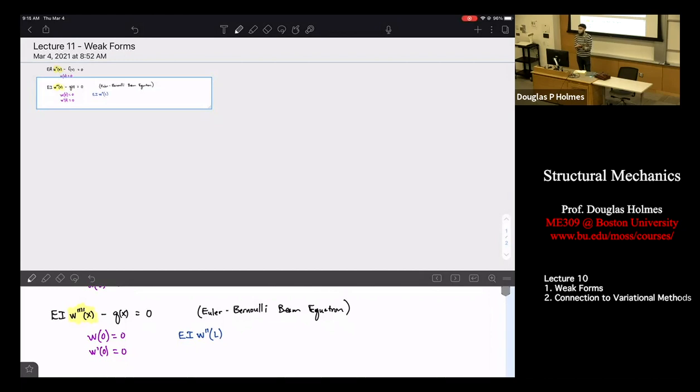Can anyone check what they did last? I know that it was something like EI third derivative and EI second derivative. I can't remember if there's a Q. Q doesn't appear. No, it just should be that, right? Are these right? Who can check what they did last night?